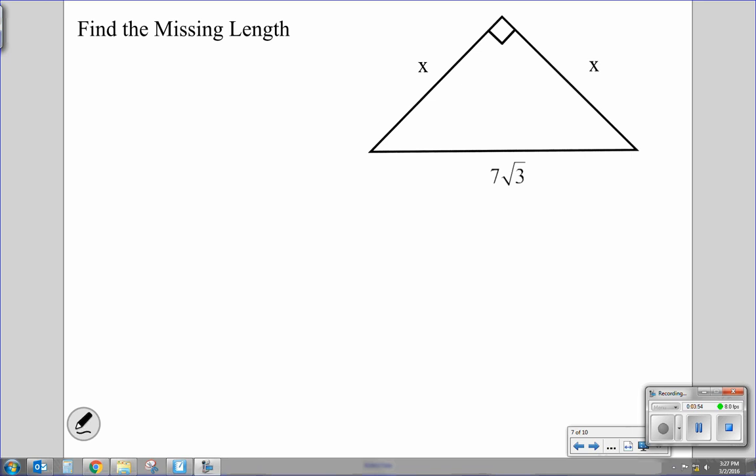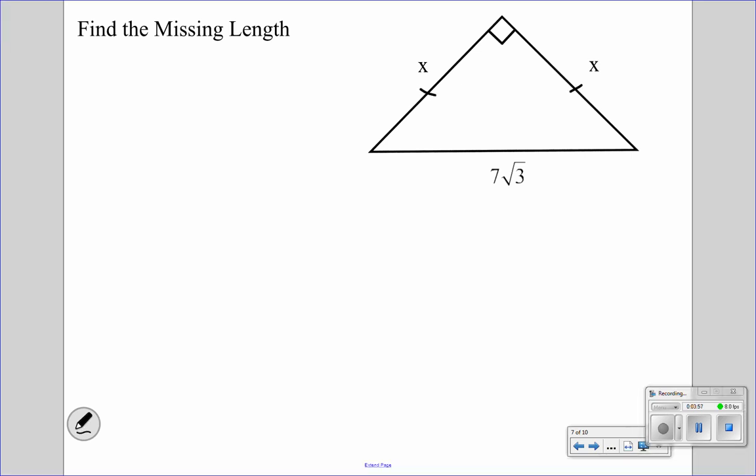Because we know that both these sides are x, we know this is isosceles, so it must be a 45, 45, 90 right triangle, which means it is x, x, and then this equals x square roots of 2. So we can solve for x.